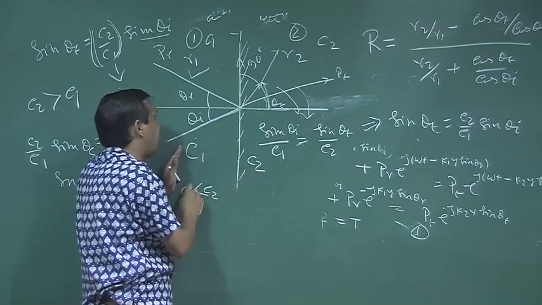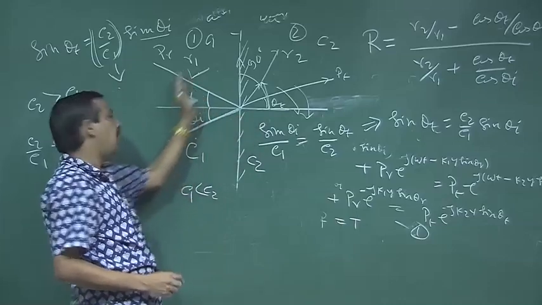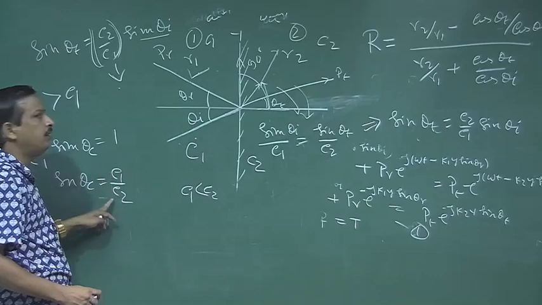In that case the angle of transmission will be away from the normal and the critical angle is defined by C1 by C2.